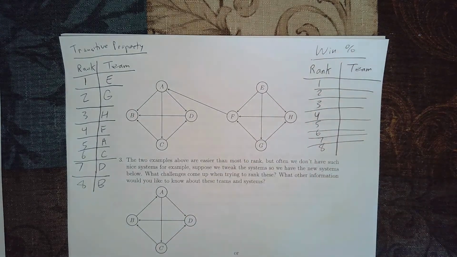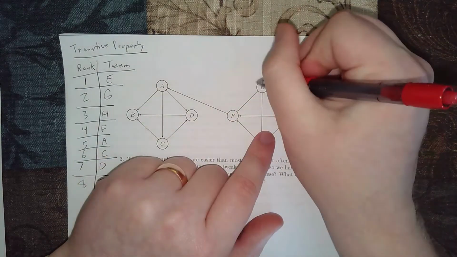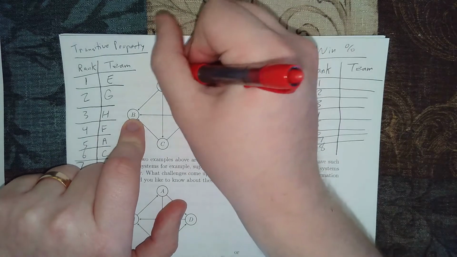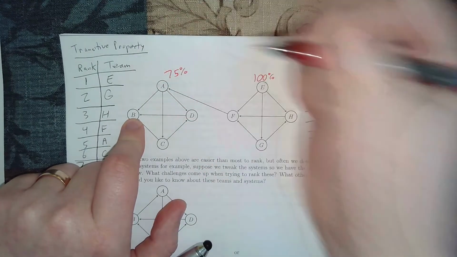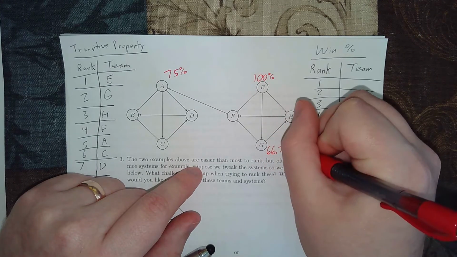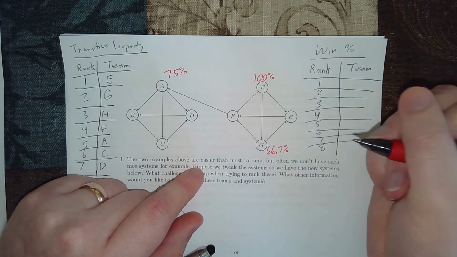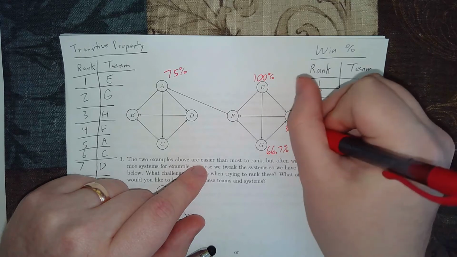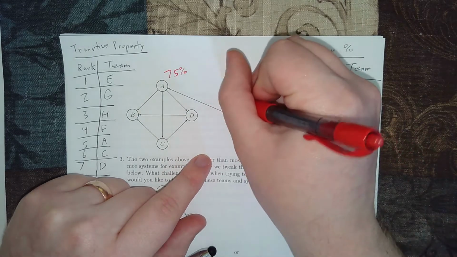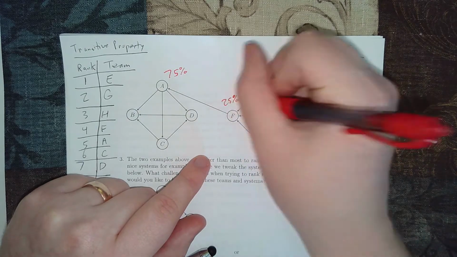So taking a look at here, E wins 100% of their games. A wins 75% of their games. G wins approximately 66.7 percent of their games. H only wins 33.3%. F only wins 25%.